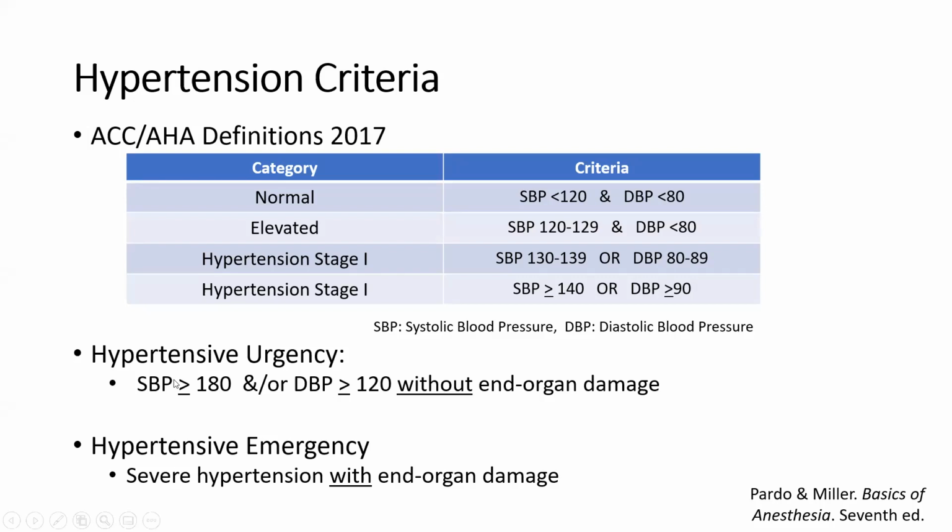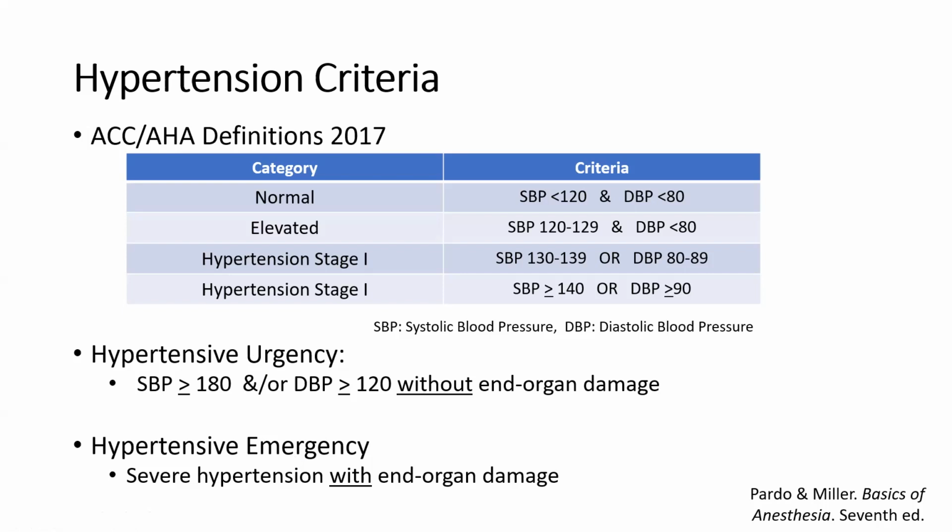And importantly, if you have a patient with systolics above 180 or diastolics greater than or equal to 120, but they don't have signs of end organ damage, like severe headaches, strokes, kidney injury, liver injury, what have you, then that gets designated as a hypertensive urgency. But as soon as you get those signs of end organ damage, you cross into hypertensive emergency.